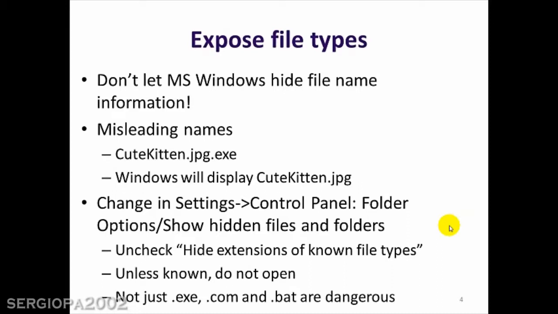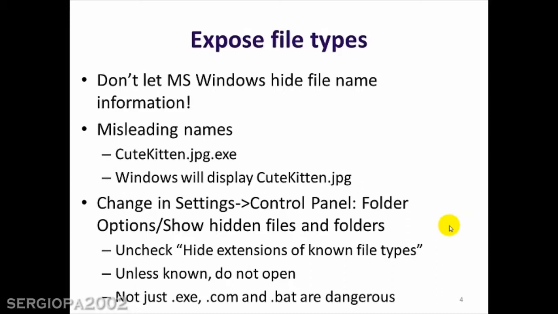If you don't see the extensions or haven't changed this setting, it's very easy for a hacker to give you a file called, for example, cutekitten.jpg. And since you won't see the extension, you will only see the name, and you will think that .jpg is part of the extension, when in fact it's just part of the name.